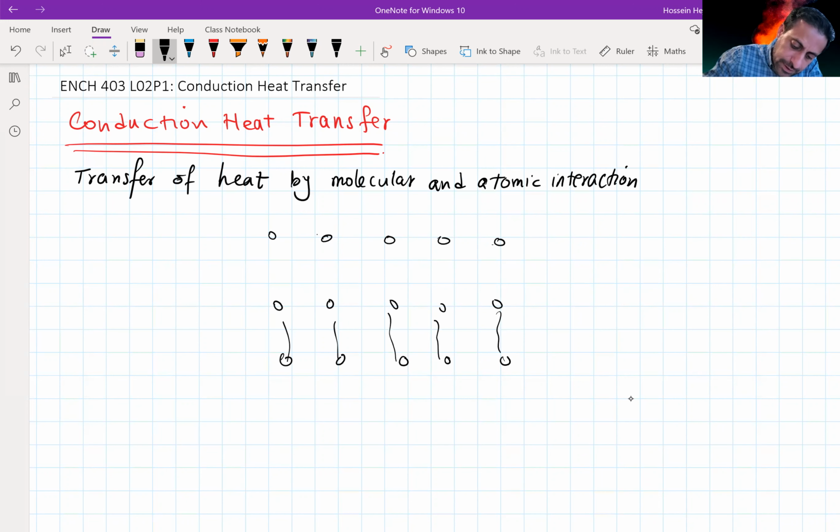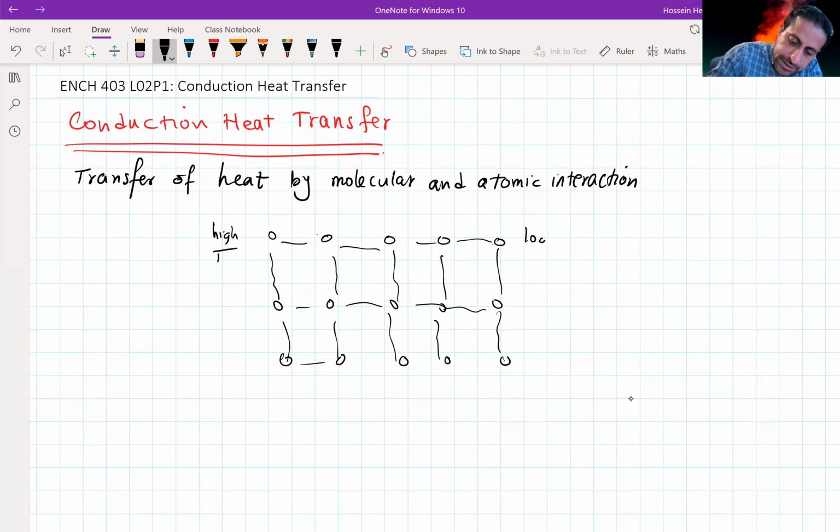These solid molecules have fixed positions and they are connected by lattices. If one side of these solids gets exposed to a higher temperature, say here is high temperature versus here that is low temperature, heat can flow through these solids through the lattice vibration.